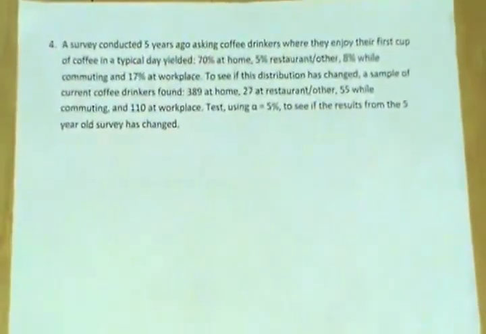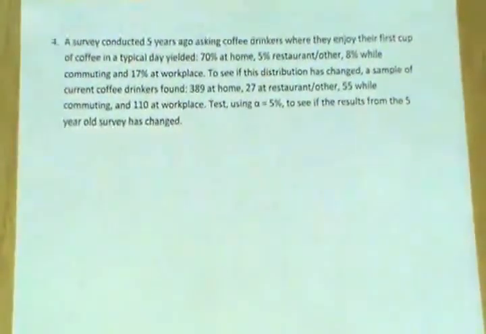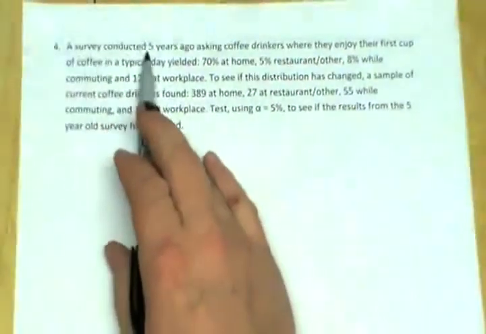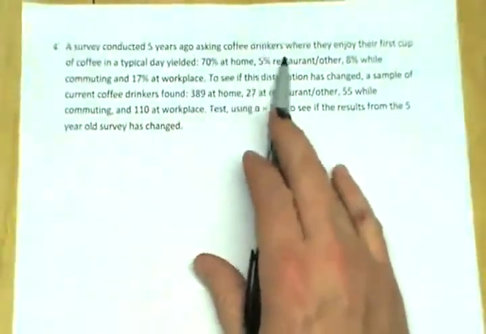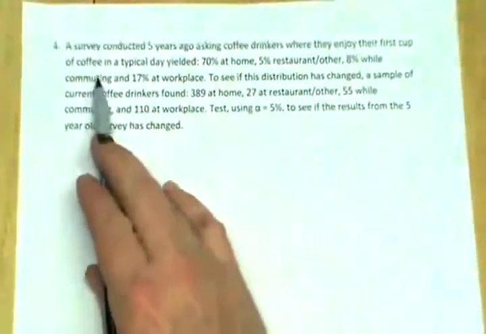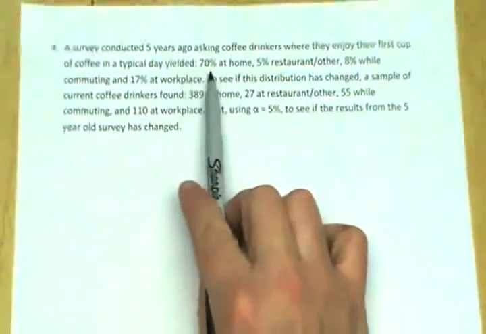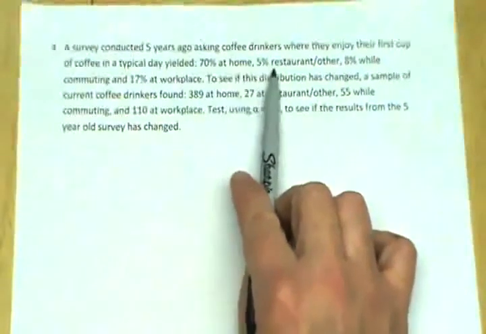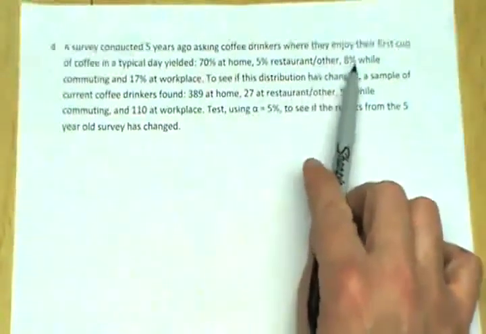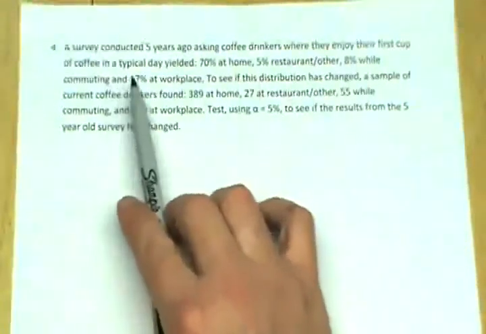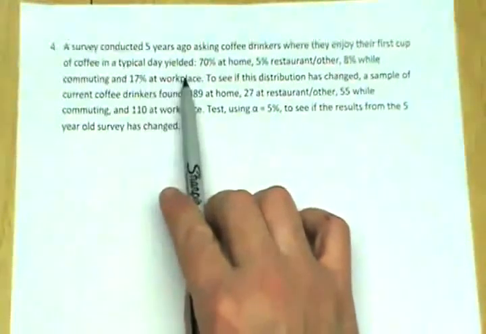Okay, so let me give you another one and see if you can do this one. Try it on your own, and then you can come back and double check. Here we go. A survey conducted 5 years ago asking coffee drinkers where they enjoy their first cup of coffee in a typical day yielded 70% at home, 5% in a restaurant or other, 8% while commuting, and 17% at the workplace.